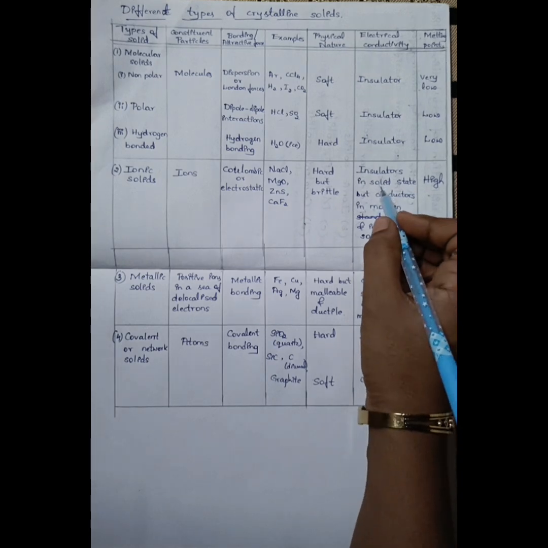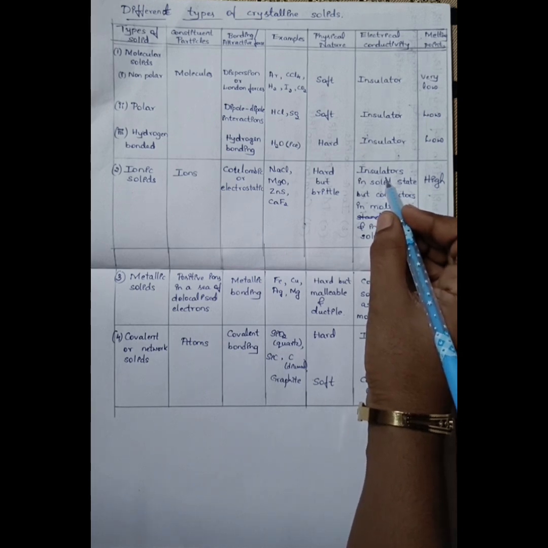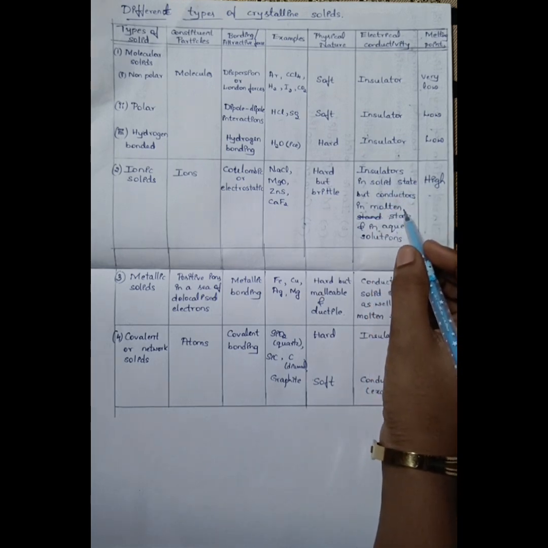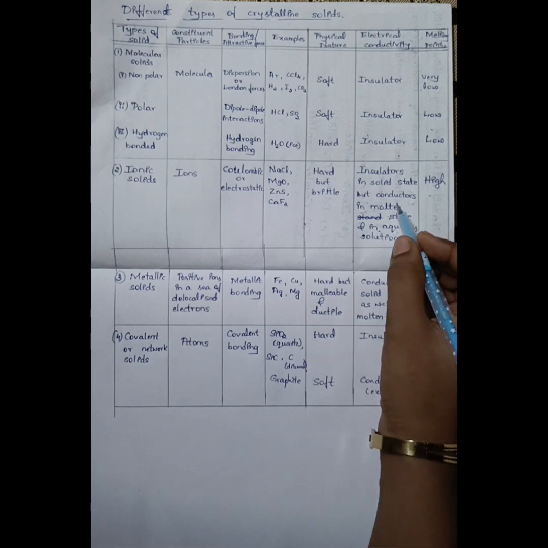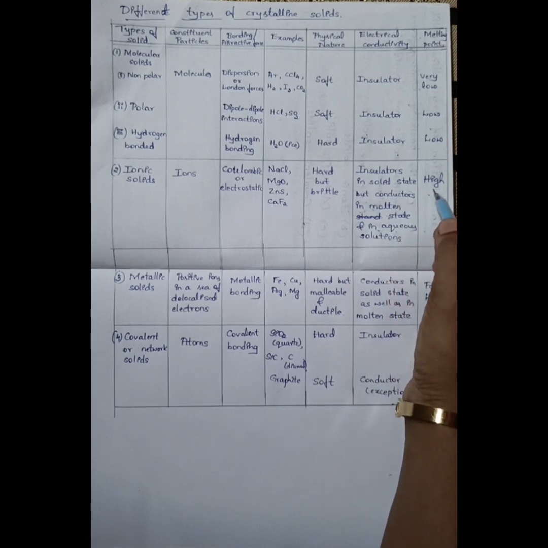That means in solid state they do not allow heat and electricity to flow through them, but in molten and aqueous state they allow heat and electricity to pass through them. The melting point is high here.